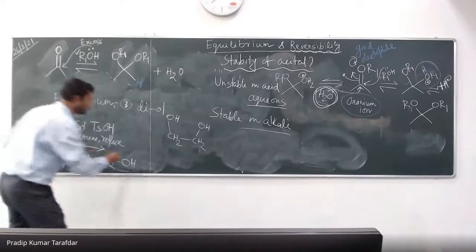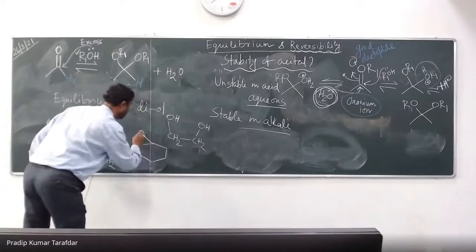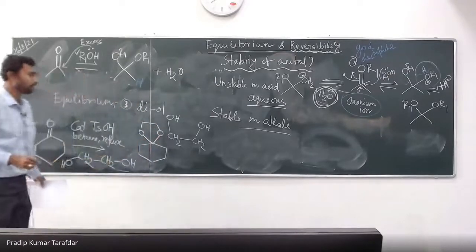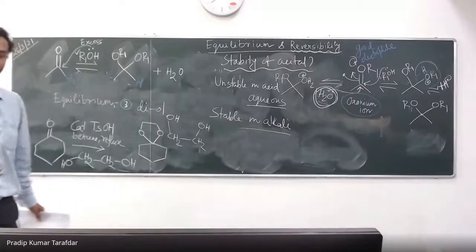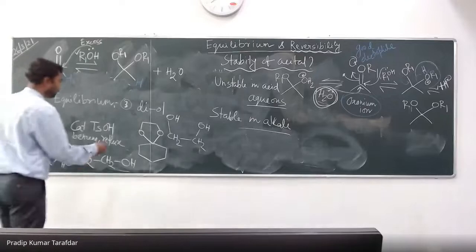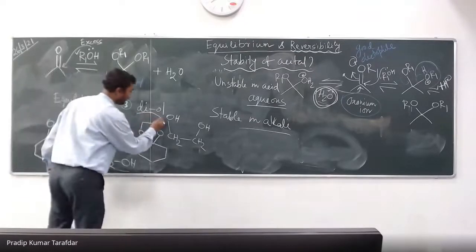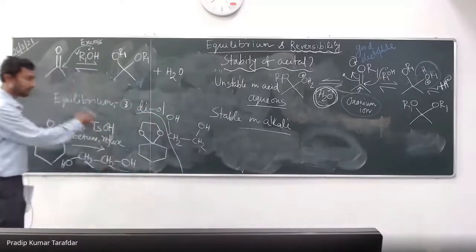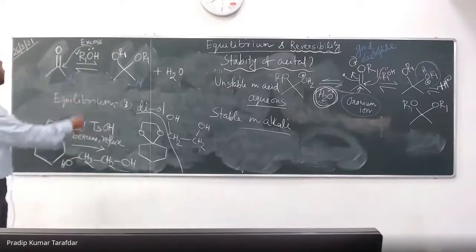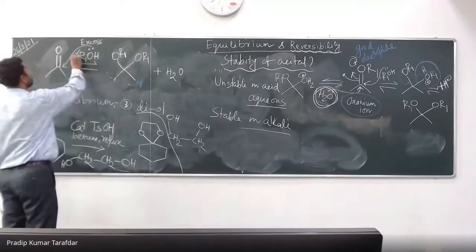And last class we have already discussed that an intramolecular reaction is kinetically and thermodynamically more favorable as compared to an intermolecular reaction. So this is one more strategy: you can use a diol to get an acetal, so you can drag the equilibrium. To make an acetal, you need two molecules of alcohol.